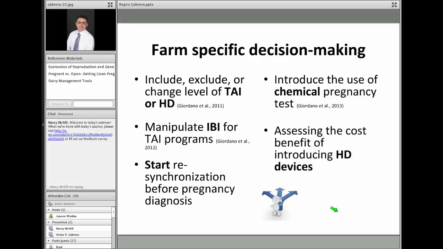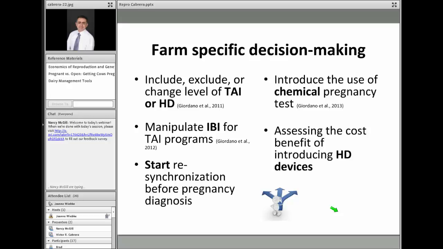Okay? For example, analysis that you could perform very efficiently using the UW Dairy Repro $+ is, for example, include, exclude, or change the level of time artificial insemination or heat detection. Okay, so basically this is a question that happens frequently among farmers.